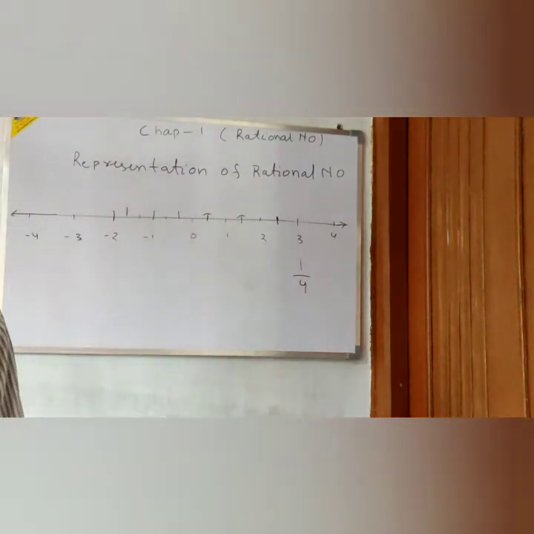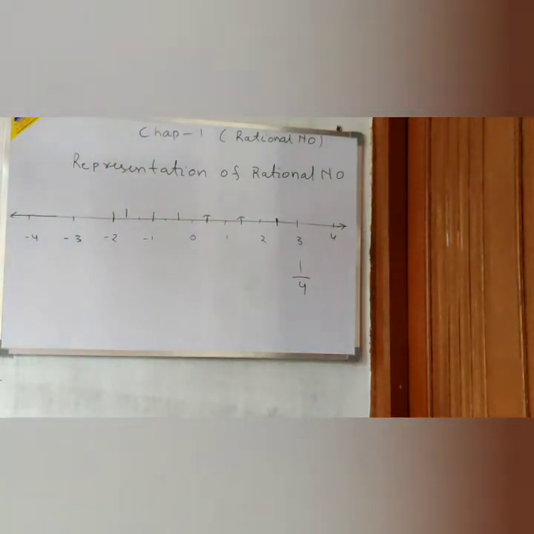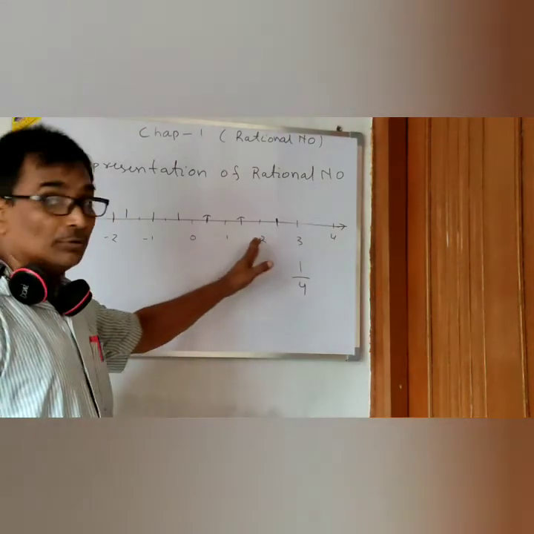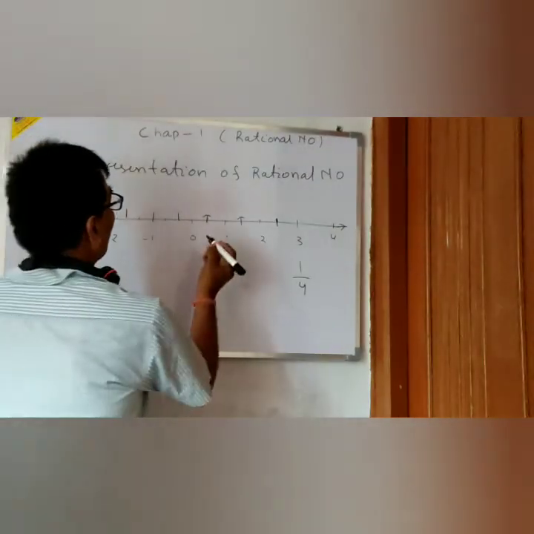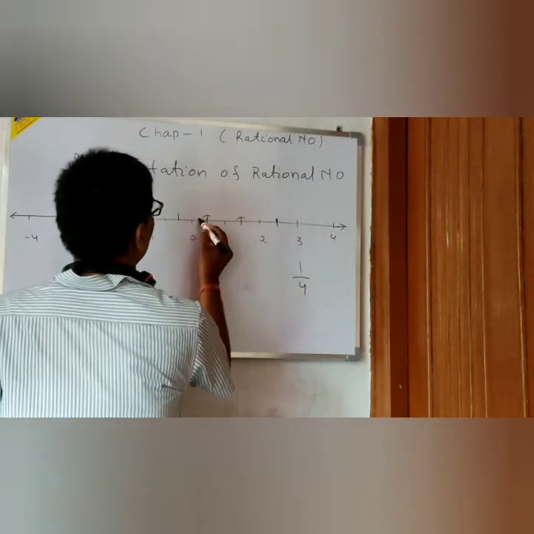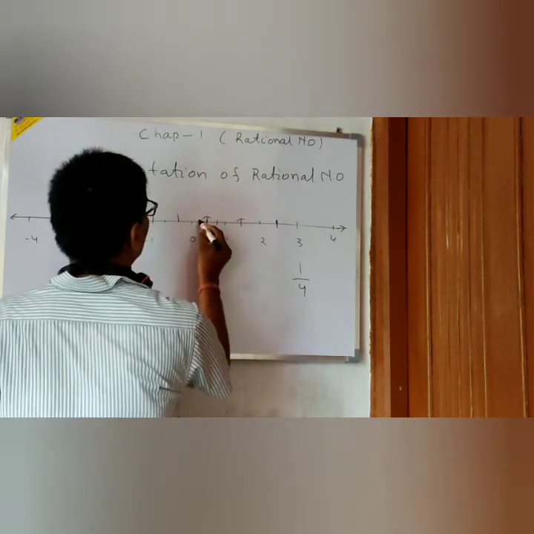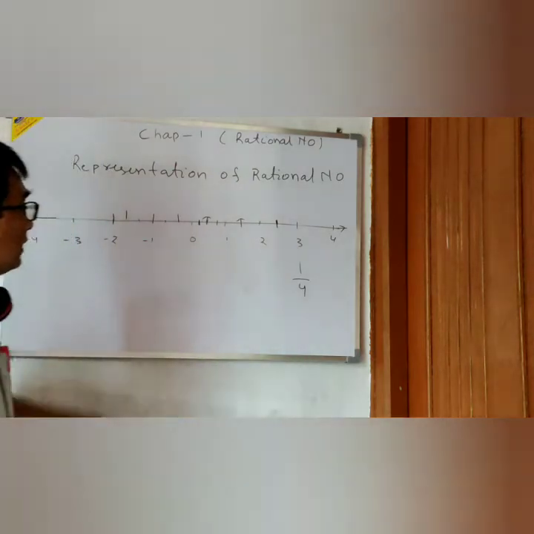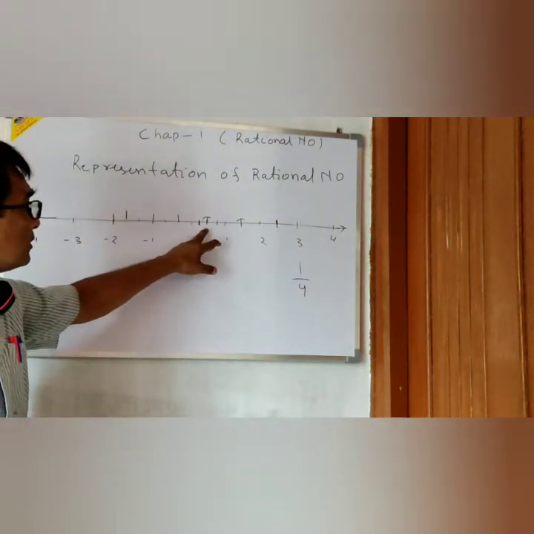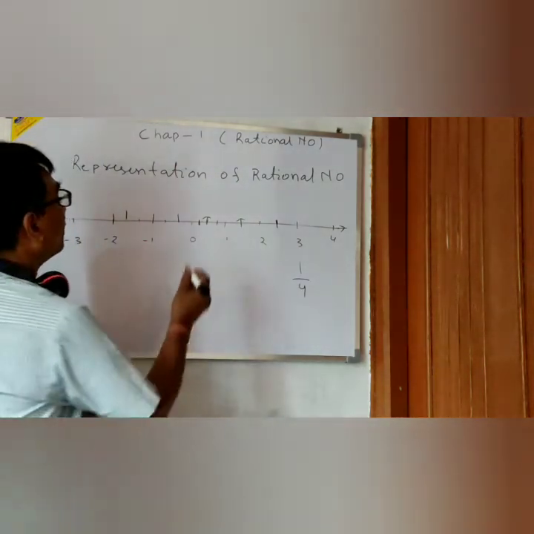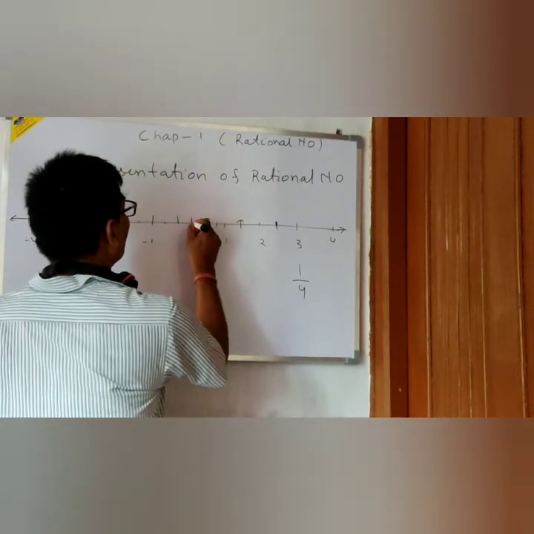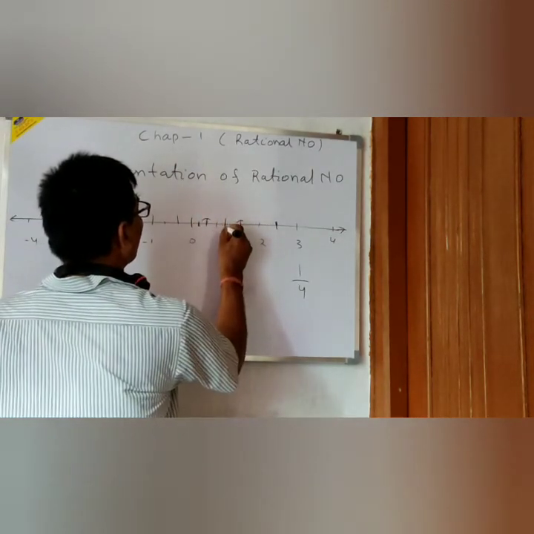1 by 4 is located on the number line between 0 and 1. How can we represent it? If we take 3 points on the number line, then it is divided into first, second, third and fourth. This is 0 and this is 1.